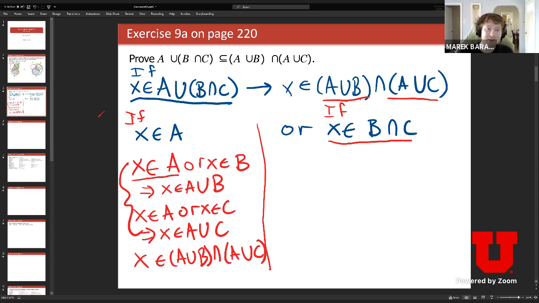So we noted that there were two cases because we're dealing with a union.